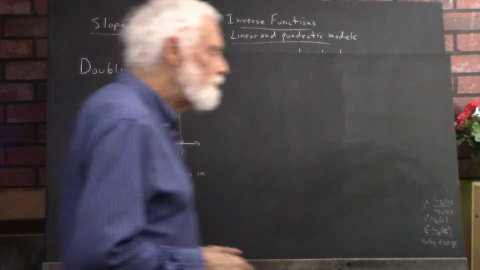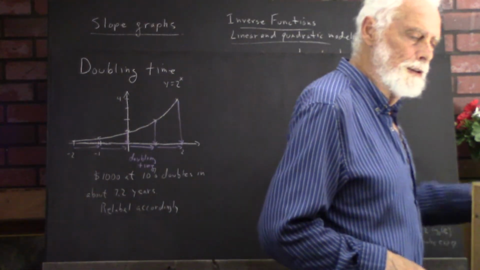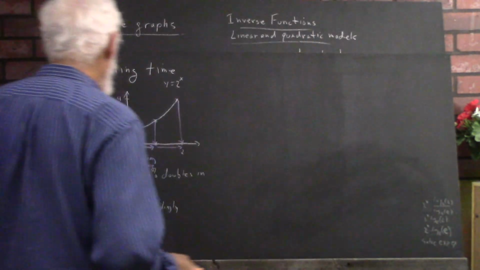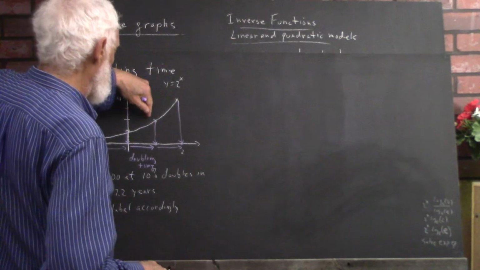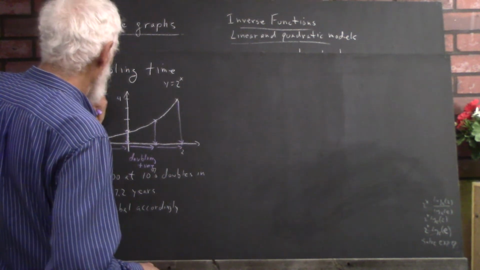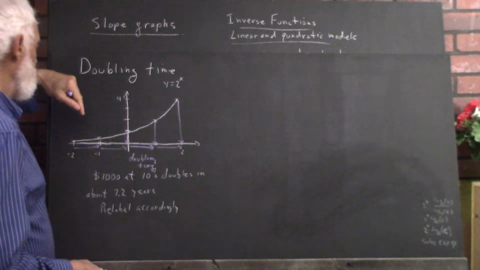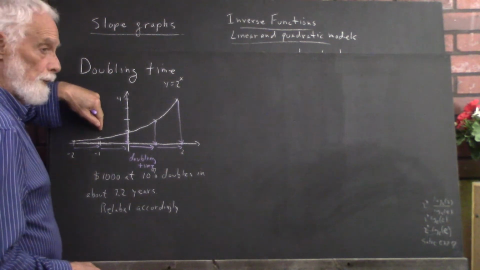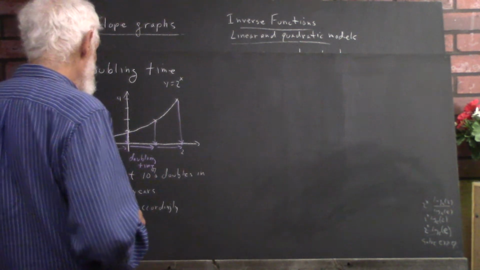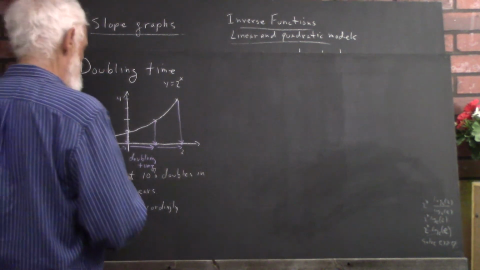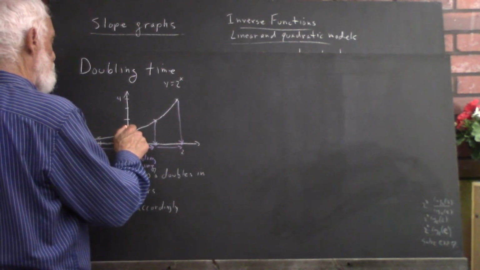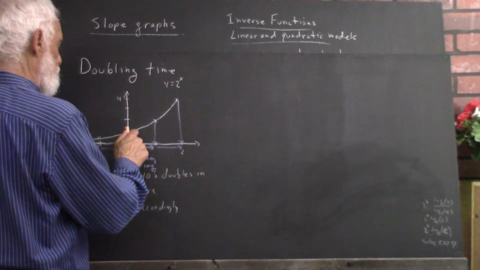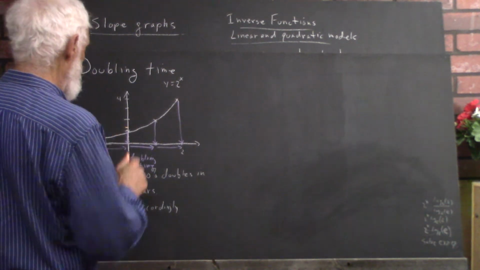Now, doubling is not confined just to the interval from 1 to 2, or 0 to 1, or -1 to 0, or -2 to -1. If you pick any y value and double it, okay?